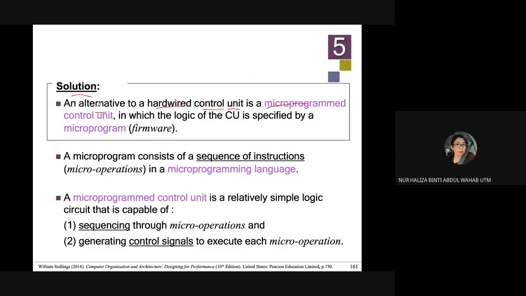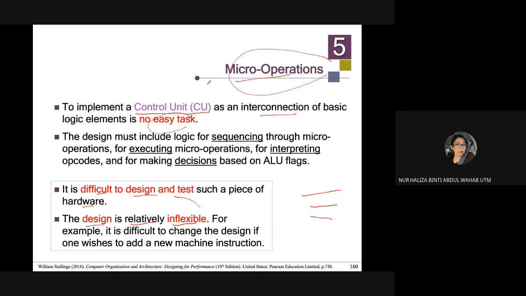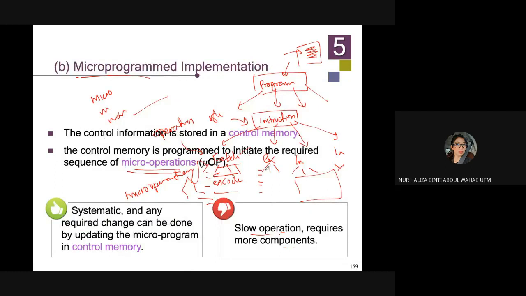You can also call it microprogram or firmware. The microprogram consists of a sequence of instructions, which are micro operations. All this step by step over here is your micro operation.